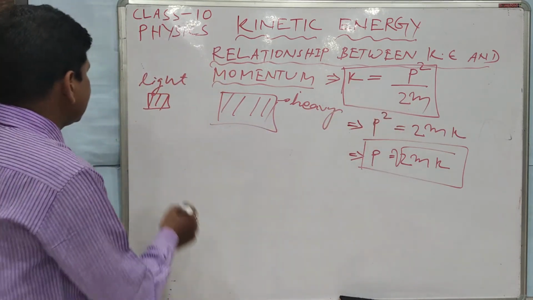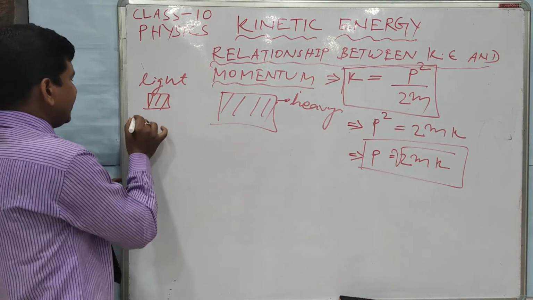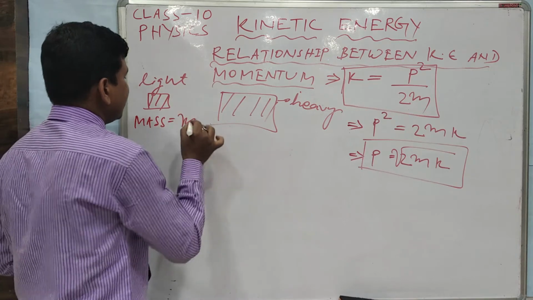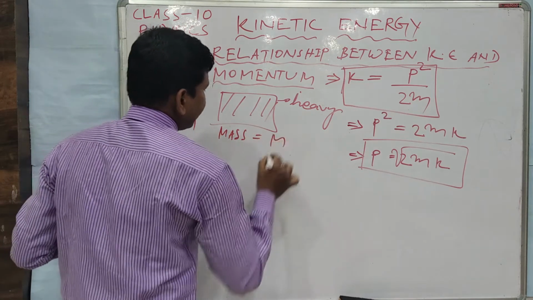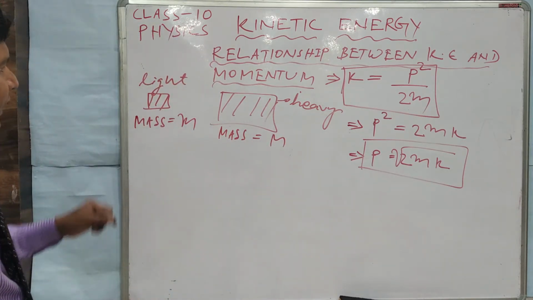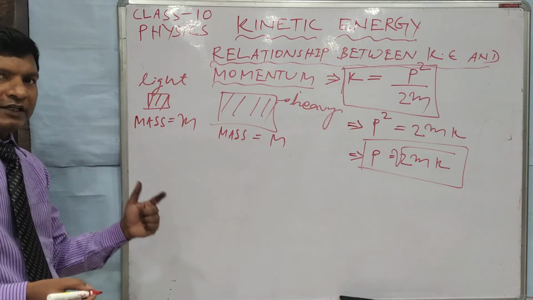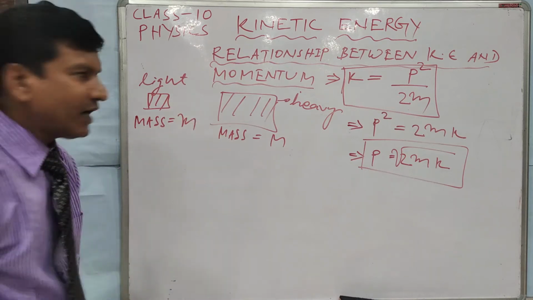So let us take the mass of the light body as small m, and the mass of the heavy body as capital M. Now we will find the kinetic energy of the light body and the kinetic energy of the heavy body. Since it is given that the momentum is the same, we are not changing the momentum, only we are changing the mass of the body.